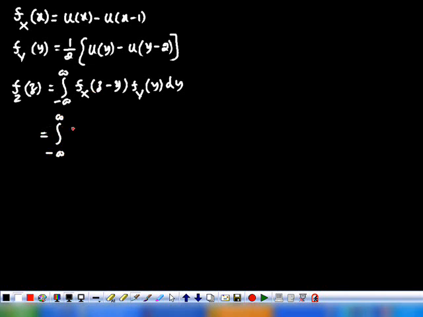We know fX of x. Can we find fX of z minus y? In this equation, on both sides replace x with z minus y. Therefore, this will become u of z minus y, and u of y is as it is.